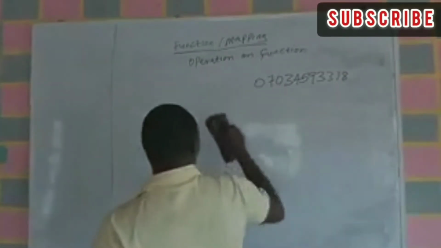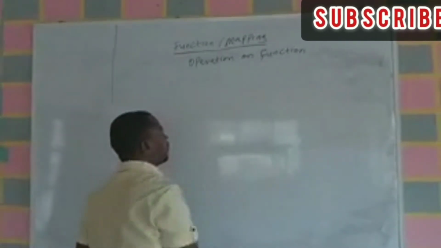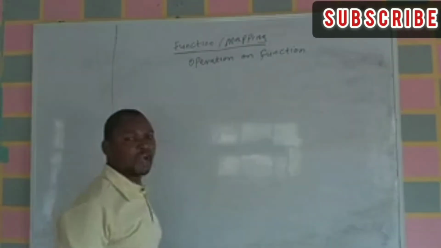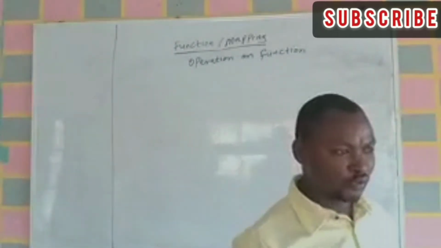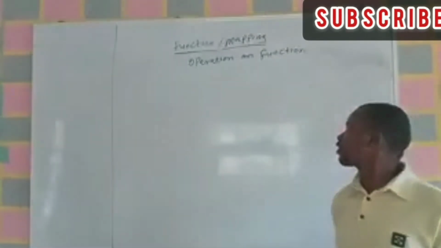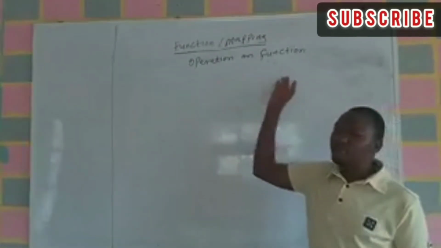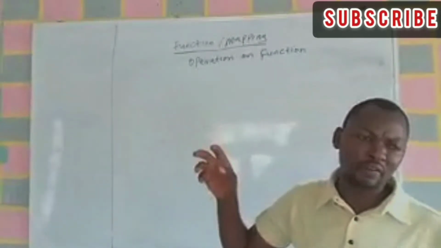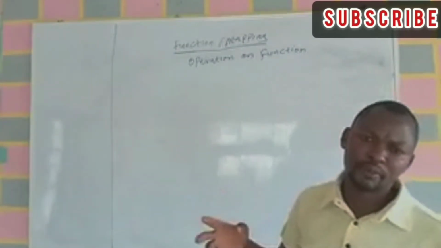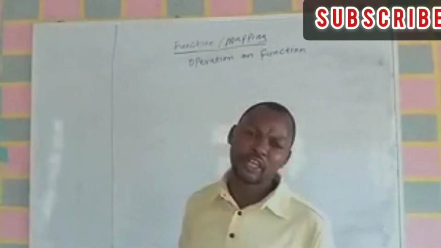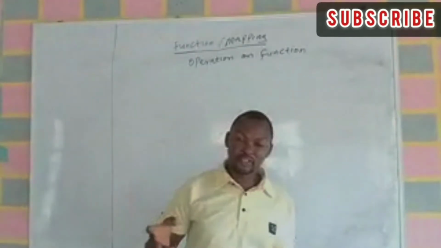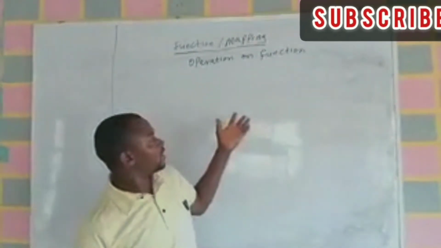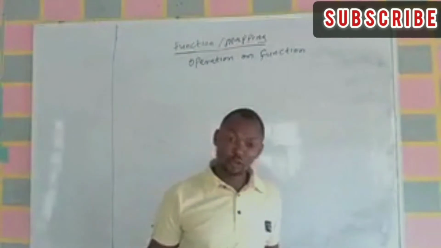We are going to continue from where we stopped on function. We are going to take operation on function today. Under operation of function, we have addition operation, subtraction operation, multiplication operation, division operation, composite function, and so on and so forth.